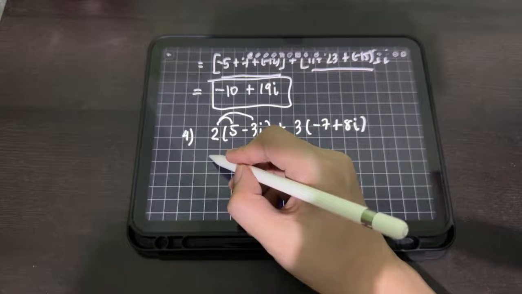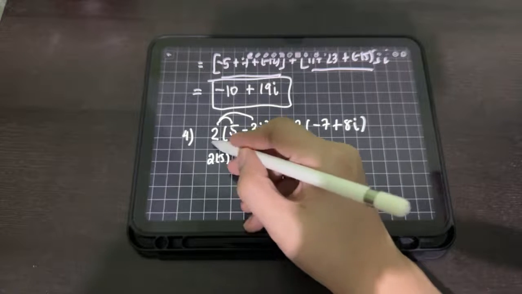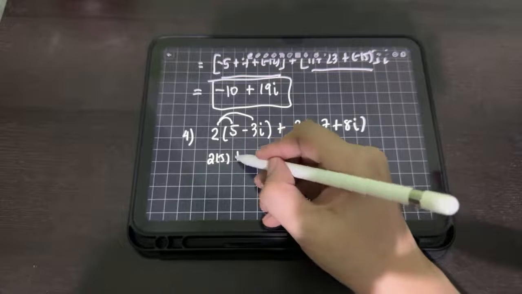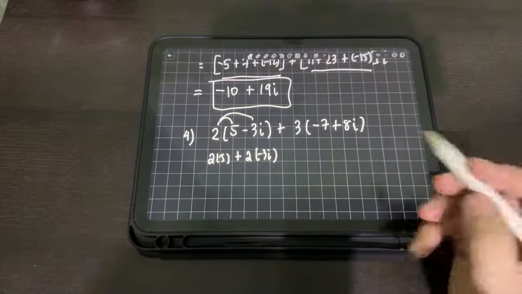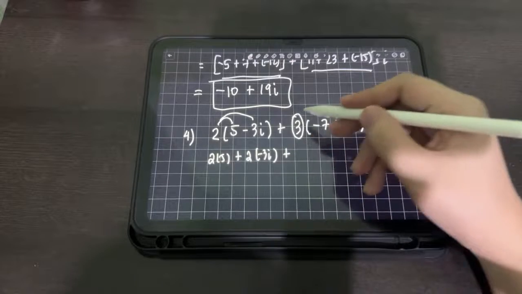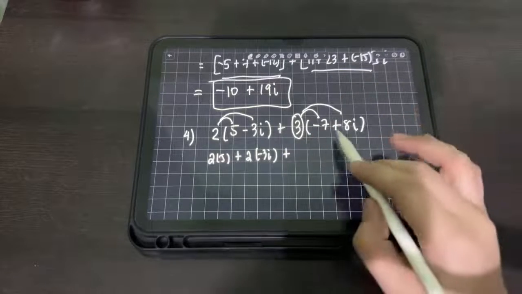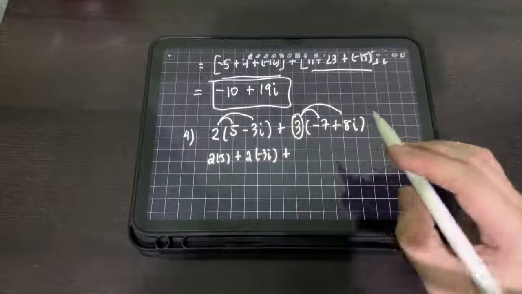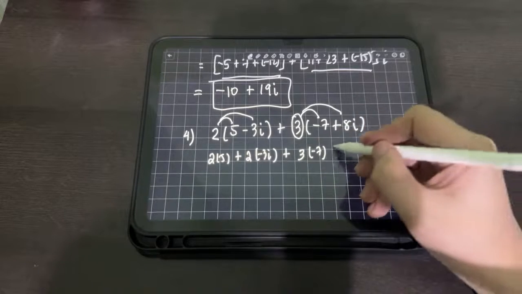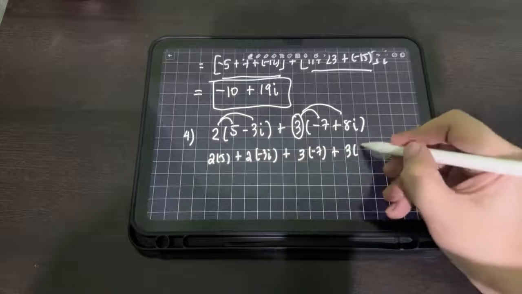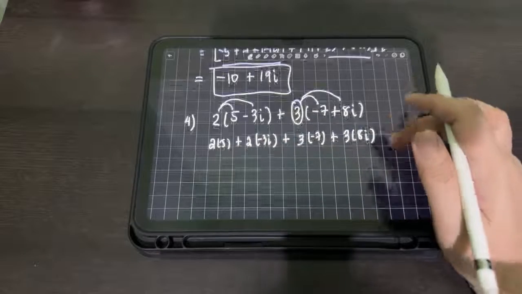So we will have 2 times 5 plus 2 times negative 3i. Also, for the 3, we can multiply each term, the real and imaginary part by 3. We will have 3 times negative 7 plus 3 times 8i.